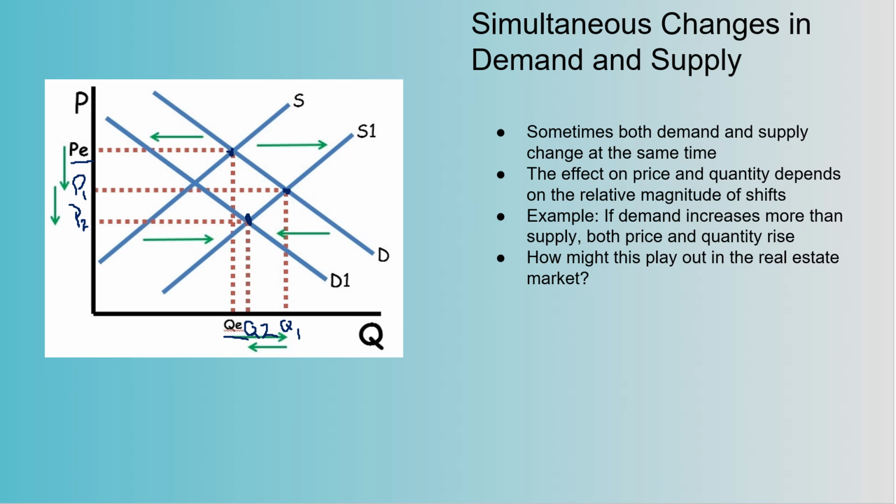Same with demand. If you can reasonably expect that the demand has shifted for a reason outside of price, you would draw a parallel line to the right of the demand curve to show an increase in demand. And vice versa, if you are trying to depict a decrease in demand, you would shift your curve to the left.